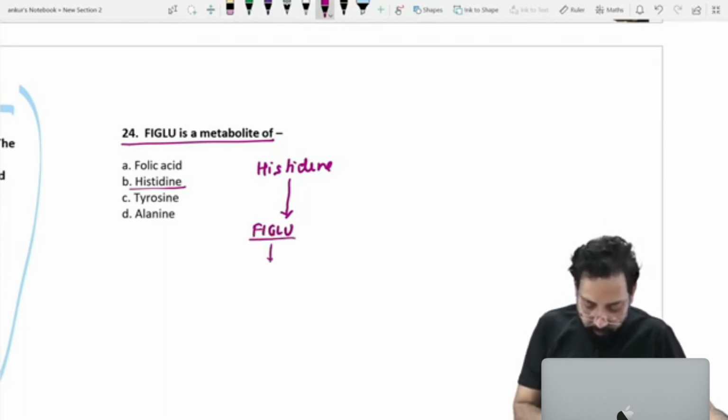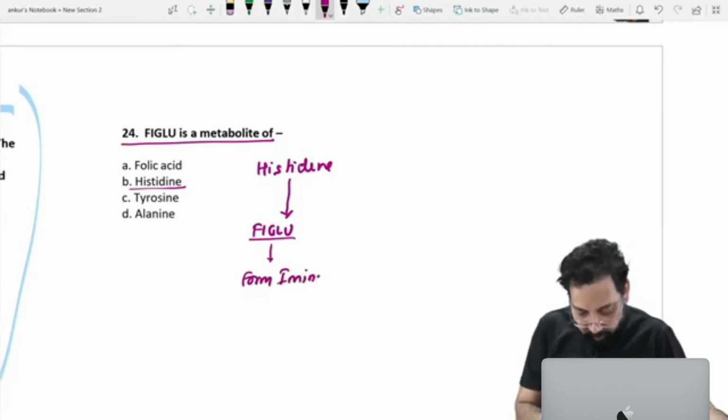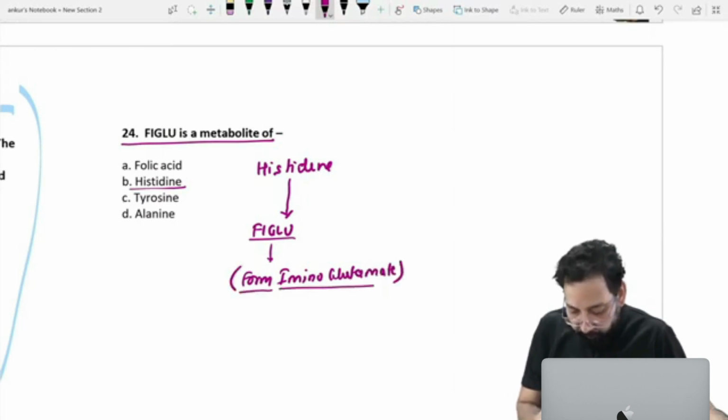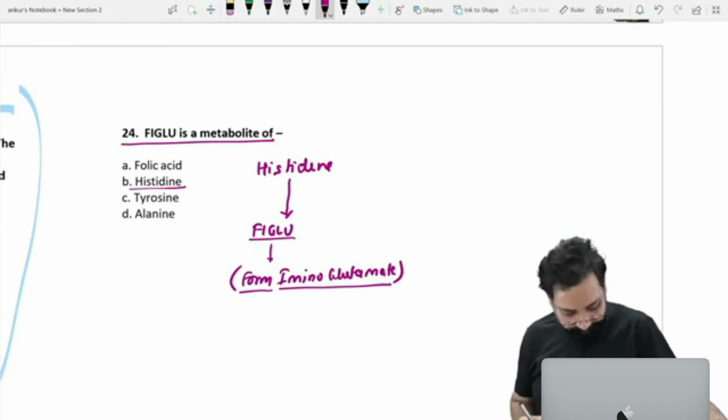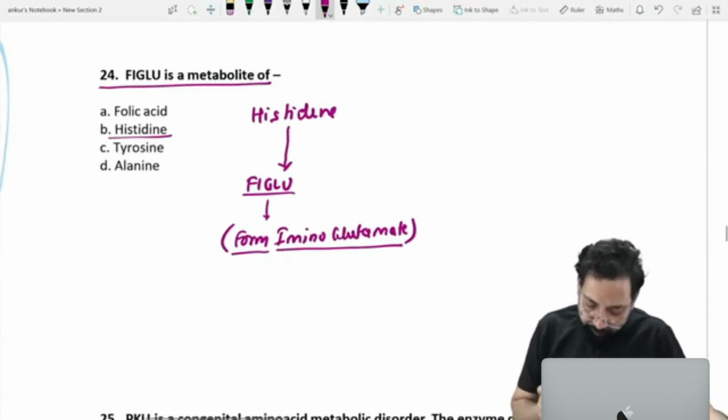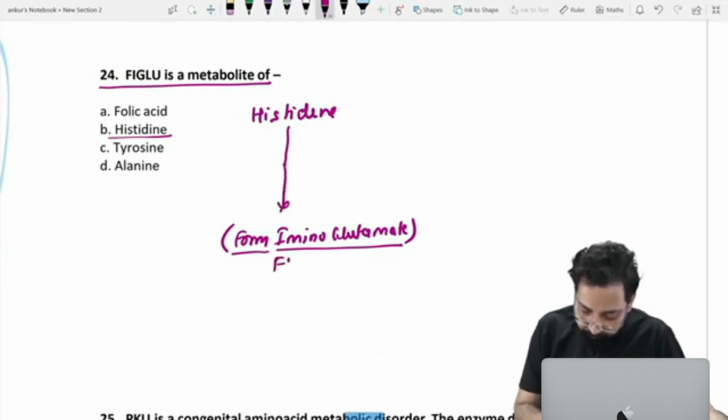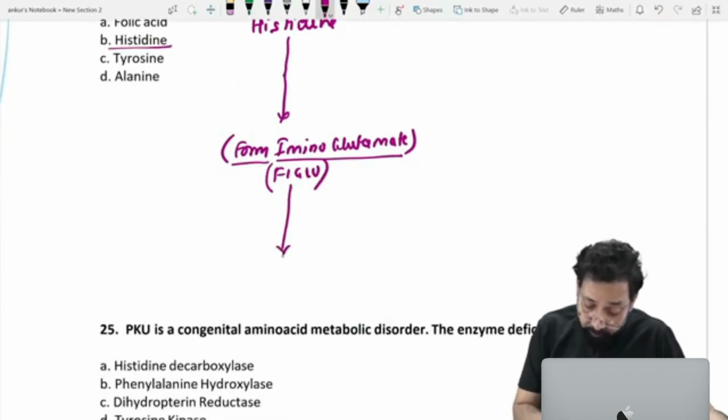Formiminoglutamate: Figlu is converted to glutamate.